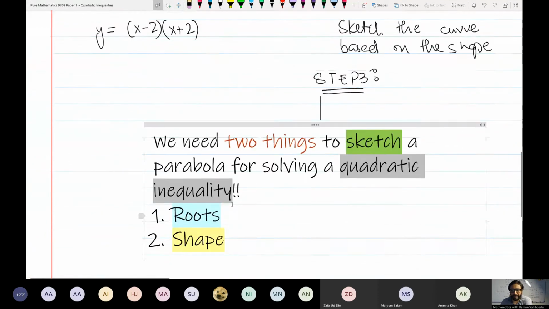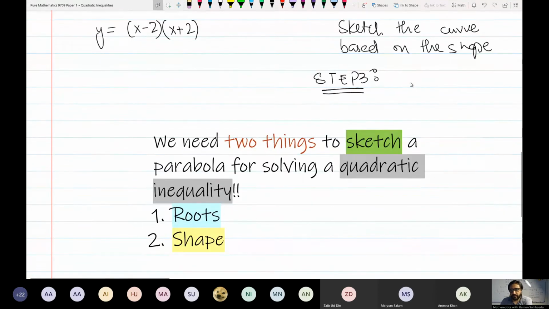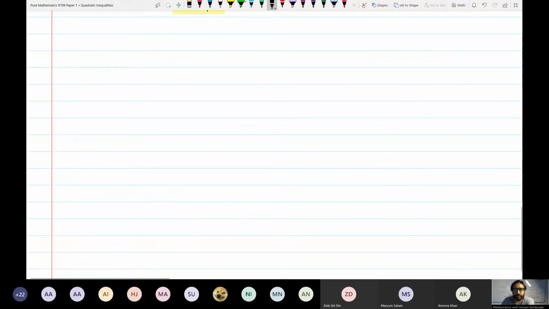Let's do a few practice questions so you get a better understanding. X squared minus 4x is greater than 0. Step number 1: ignore the inequality and solve for the roots.